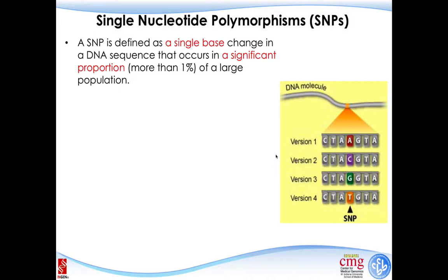Okay, so the SNP needs to be called a polymorphism, and in order to qualify it to be a SNP, you need to have a significant proportion of a population have it. Otherwise it's a mutation.